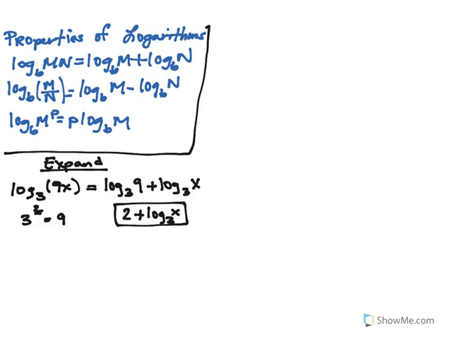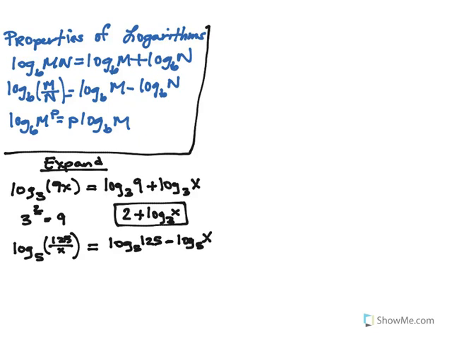Okay? Let's look at this. Log base 5 of 125 over x. When we look at this, it's going to expand into log base 5 of 125. It is a division, therefore using my properties, it expands to a subtraction: log base 5 of 125 minus log base 5 of x.